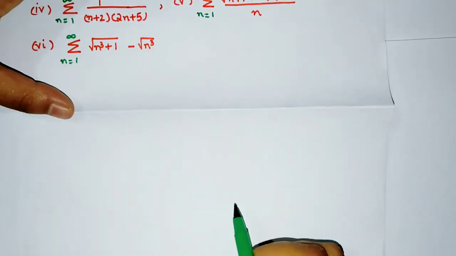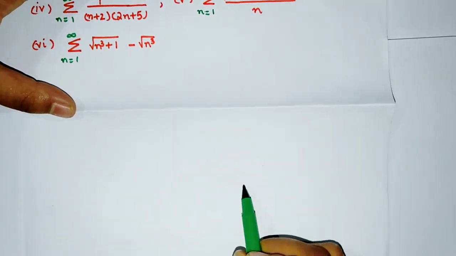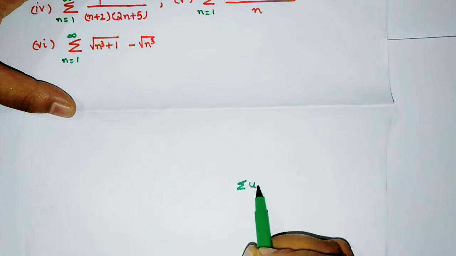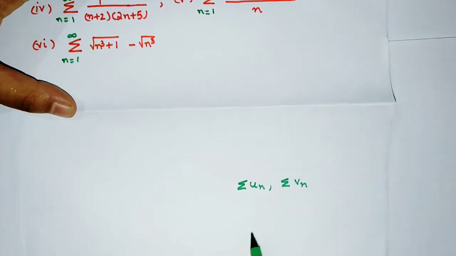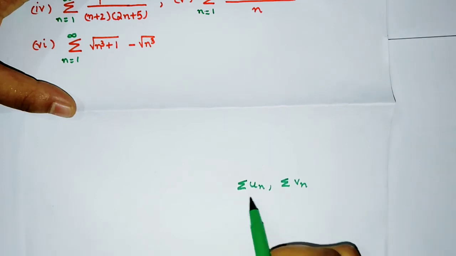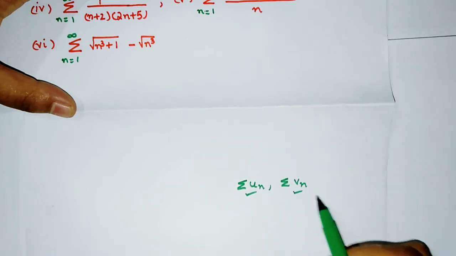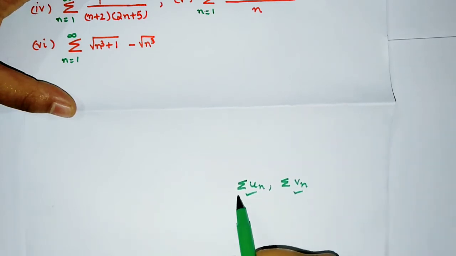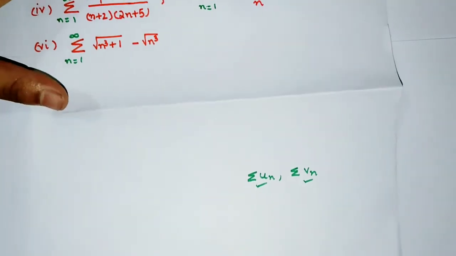Suppose two positive series are given, let's say summation un and summation vn. Then summation un will converge if summation vn converges, and this one will diverge if summation vn diverges. That is the comparison test.